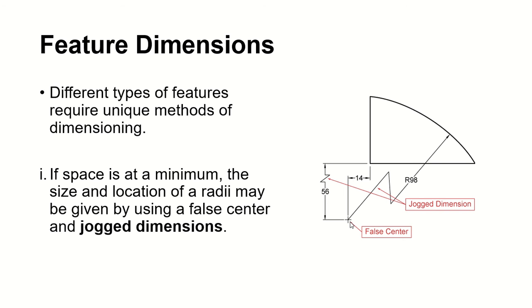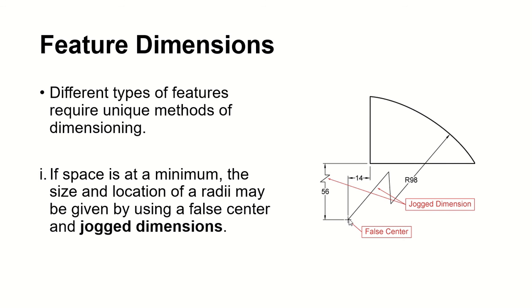Since you're jogging, we call that a false center. So there's a false center for this arc, and you dimension this way by using a jog dimension. A jog dimension looks like a little Z, like a lightning sign right there.